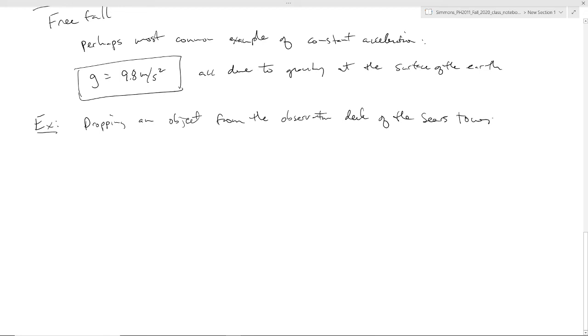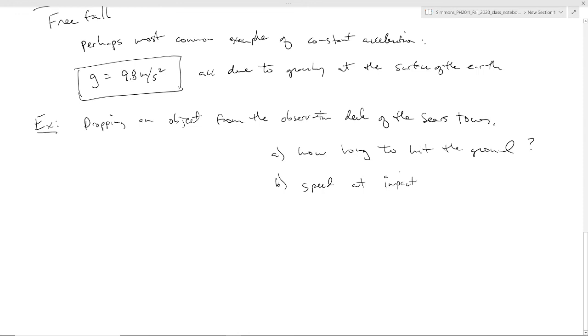Let me give you a couple pieces of information. So we want to find two things. How long to hit the ground, and we also want to know the speed at impact.